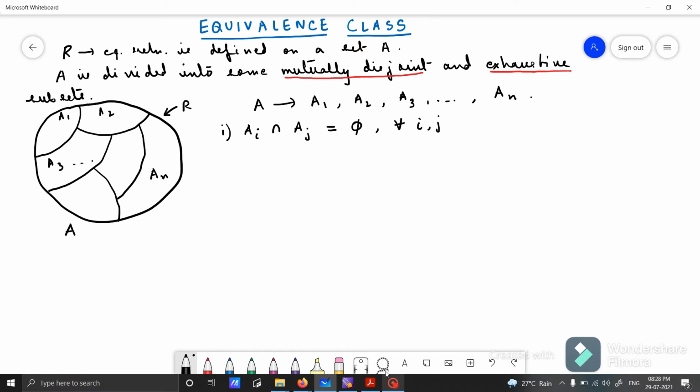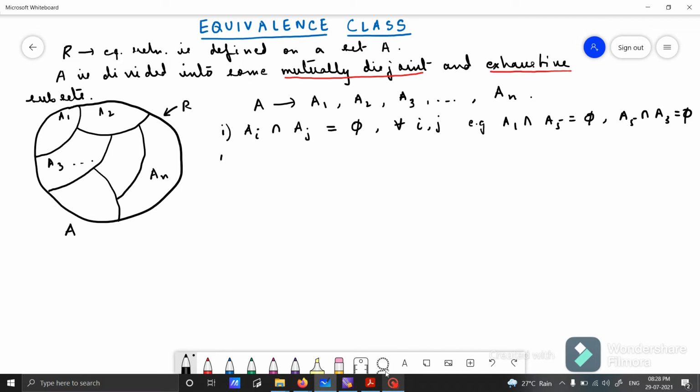That means if I take any two, say A1 intersection A5, that will be the empty set. If I take A5 intersection A3, that will be the empty set, and so on. You pick any two, their intersection will be empty. That is what we mean by mutually disjoint.